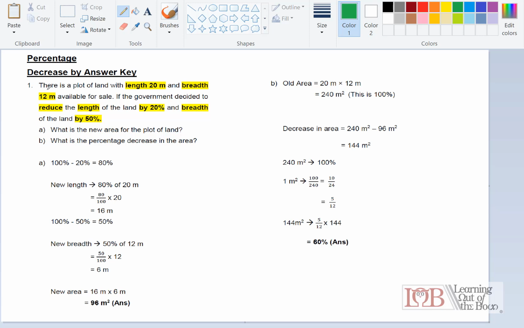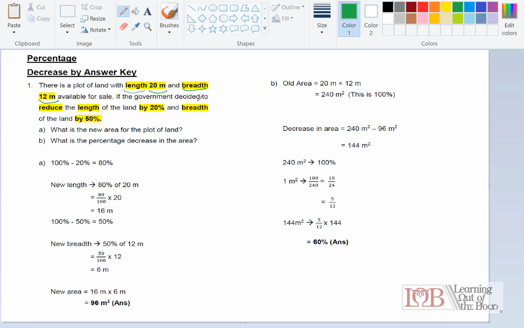So here goes. There is a plot of land with length 20 meters and breadth 12 meters. So this is a rectangular plot of land with 20 meters by 12 meters.